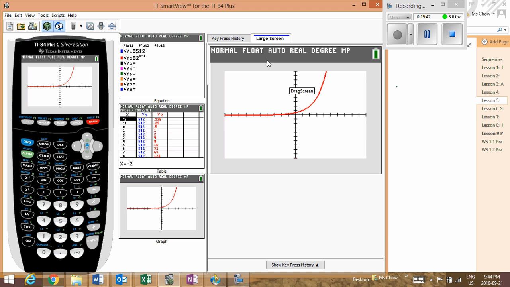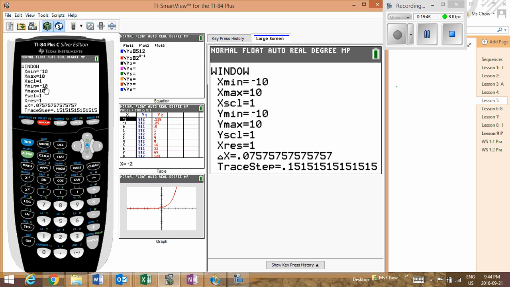So let's take a look then. We go back to window, and at this point you can see the y max is 10, so we want that to be significantly higher. So y max, I need it to be at least 512. So let's make that 600.